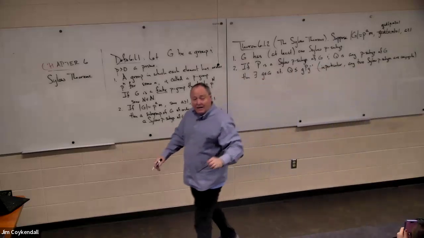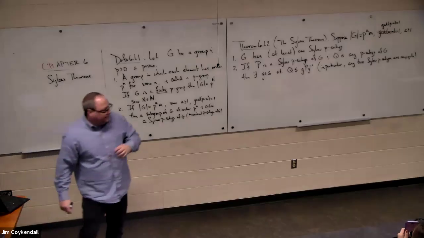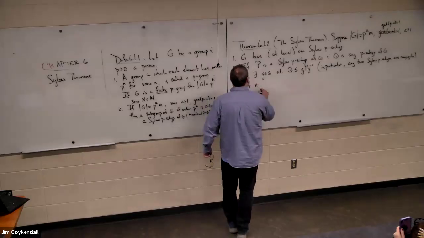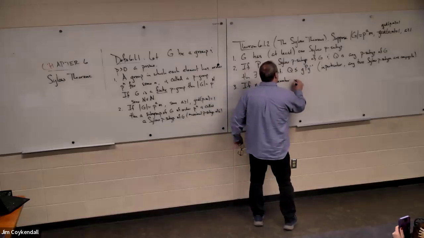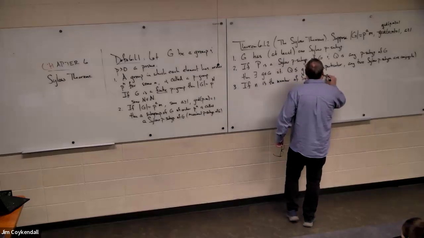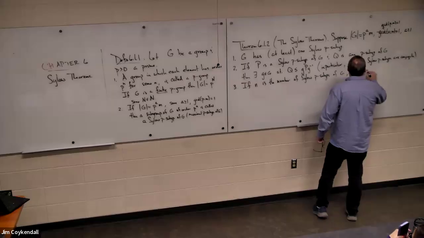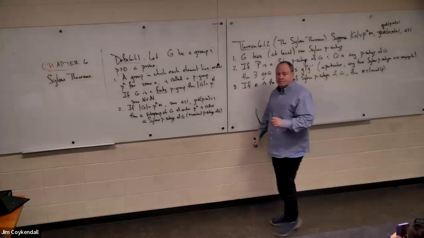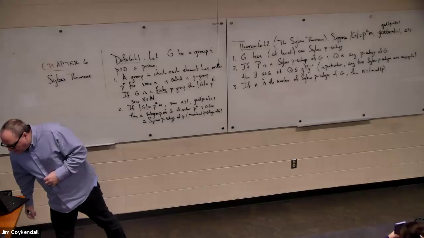Fantastic. And I can count in the following sense. If N is the number of Sylow P subgroups of G, then N is equivalent to 1 mod P. That is an amazing theorem. And I can go even farther than that.